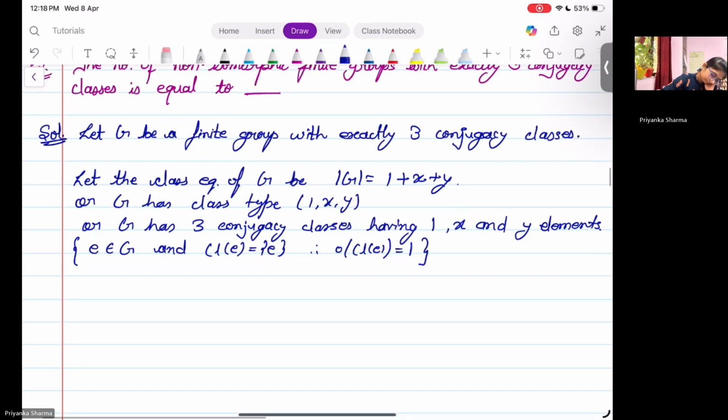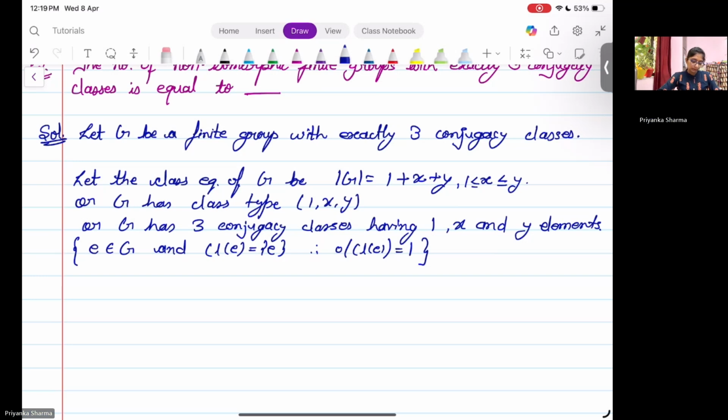And without any loss of generality, we can consider x is less than or equal to y. Actually, it is because we are referring to the corresponding class type by 1, x, y. So x can be less than or equal to y, and we can say greater than or equal to y, obviously. Okay.